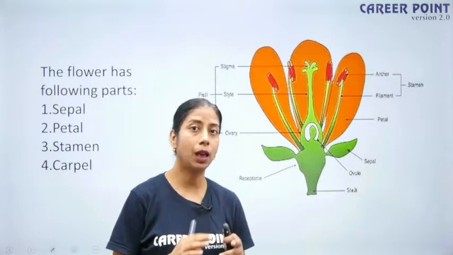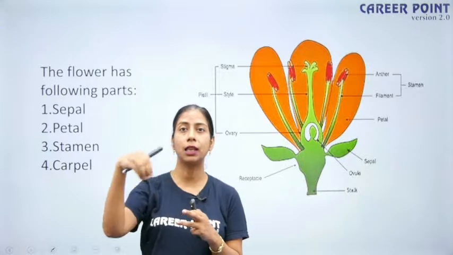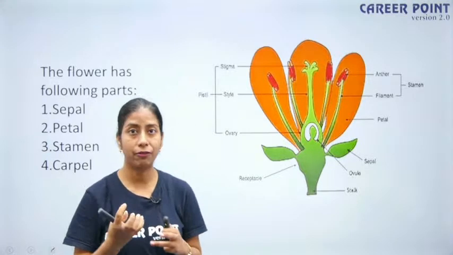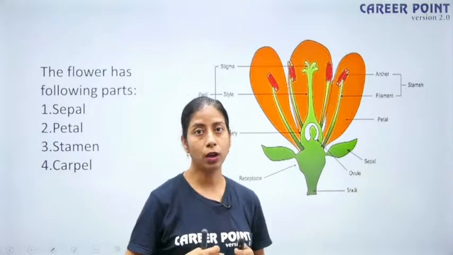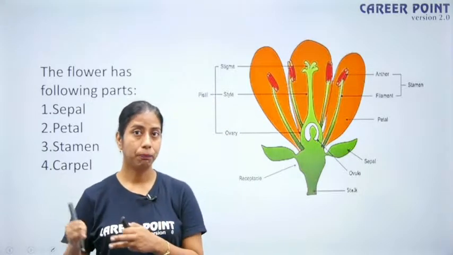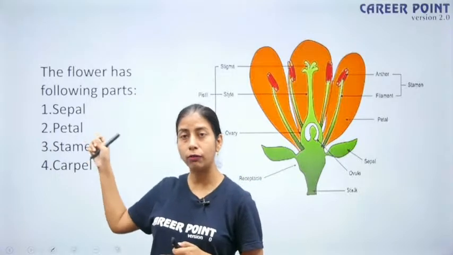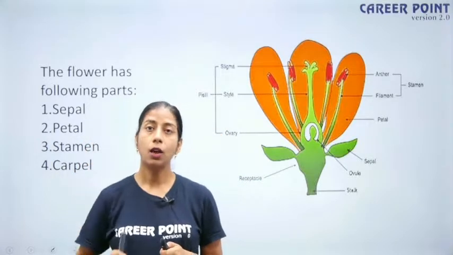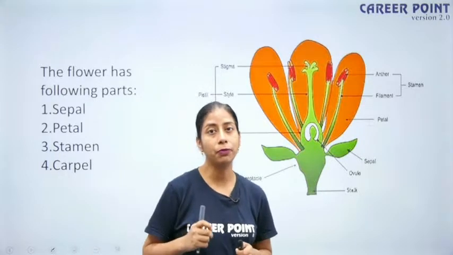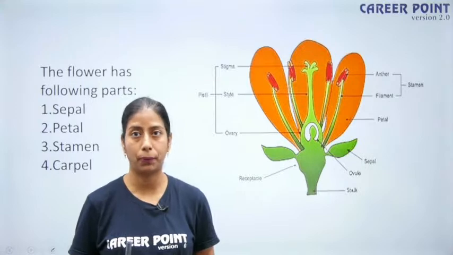These are the main four parts of the flower, and they are present in a circular manner in the flower, which is known as a whorl. So we are going to study the four whorls one by one. It's just an introduction. We are going to study each one of them in detail separately, what they are and what function they perform in the process of reproduction.